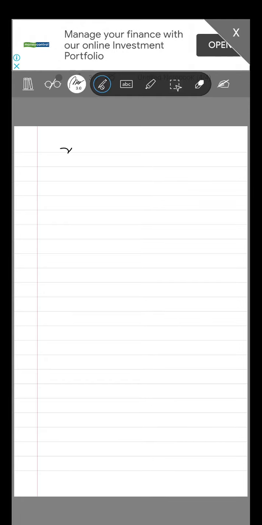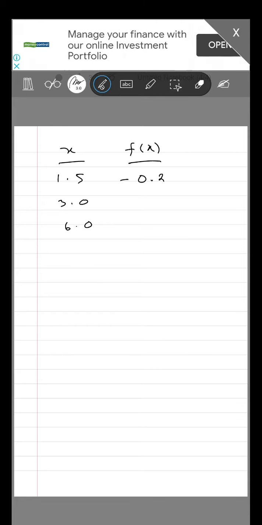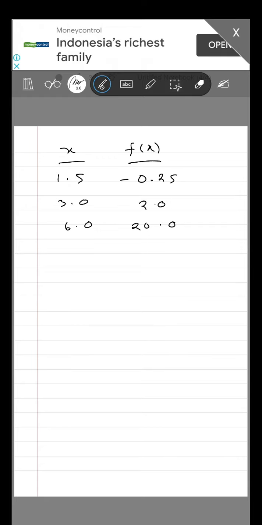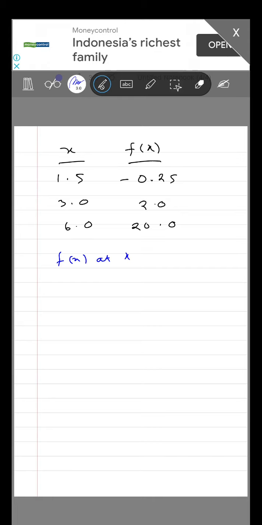The values of x are 1.5, 3.0 and 6.0, and the corresponding values of f(x) are minus 0.25, 2.0 and 20.0, and the problem is to find the value of f(x) at x equal to 4.